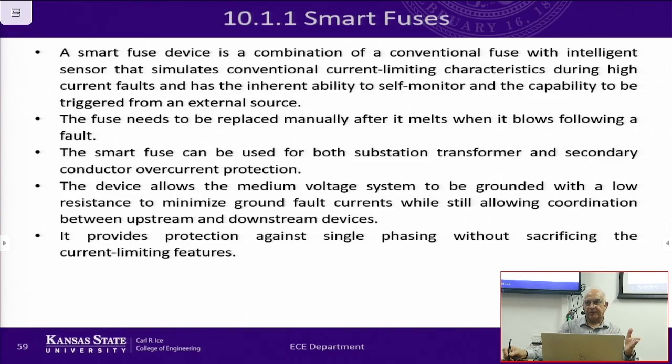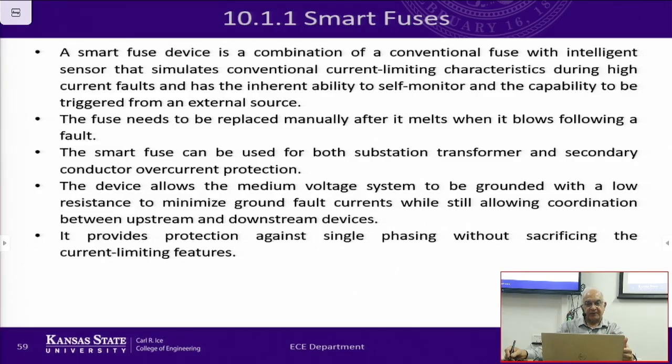Now, the fuses that I talked to you about in the morning are actually dumb fuses, in the sense that they just have a fuse, nothing else. But in addition to that, people are trying to embed some intelligence into the fuse by putting some monitoring components there.